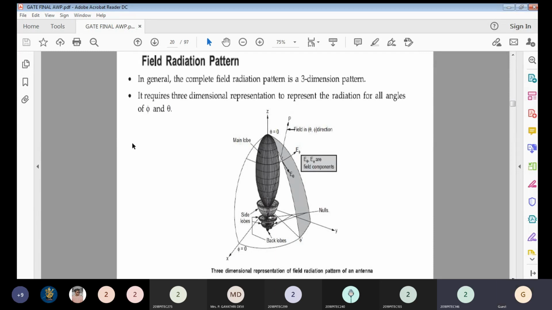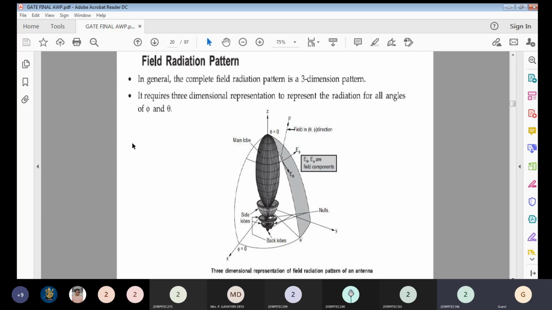One is called the major lobe. Another one is called the minor lobe. The major lobe occupies the major area in the direction. The minor lobe is classified into two types. One is called the side lobe. Another one is called the back lobe.